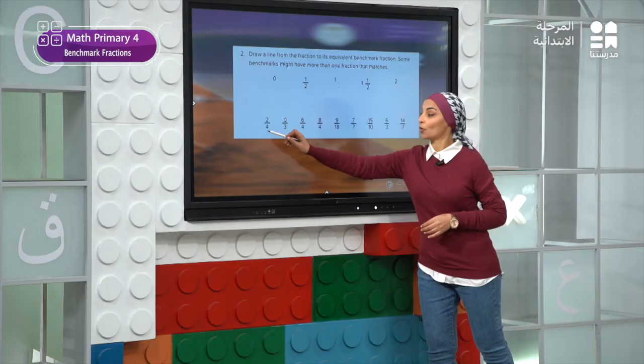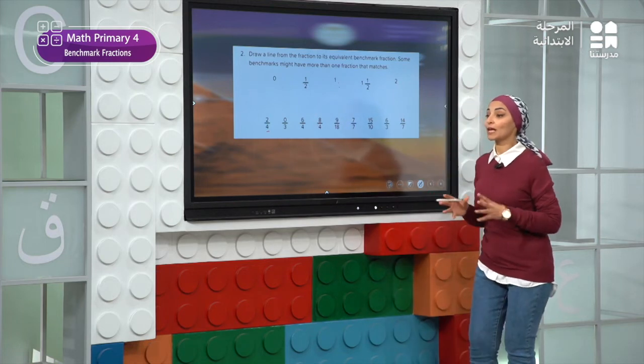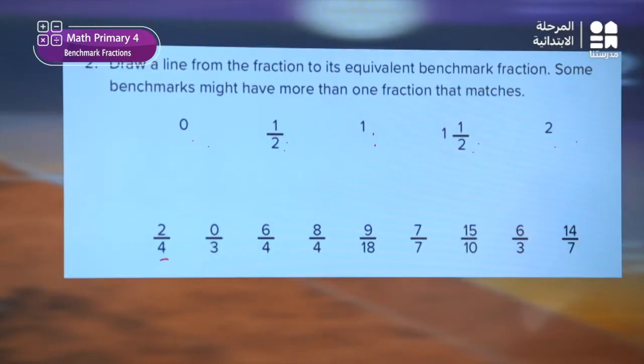Let's start with the fractions one by one, all together, and see their equivalent benchmark fractions. The first fraction I have is 2 over 4. What is its equivalent benchmark fraction? The numerator 2 is half of the denominator 4, right?